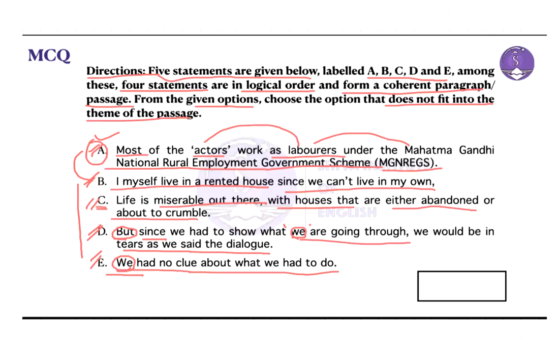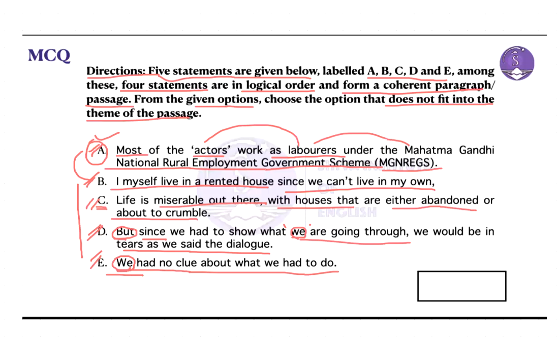Therefore, you can connect option E with D. The first one states the context about an individual and a group of individuals, right? Second, it follows to D by explaining that these individuals, not knowing what to do, still had to portray their difficult situation, or live under that situation, with tears, as we said the dialogue.